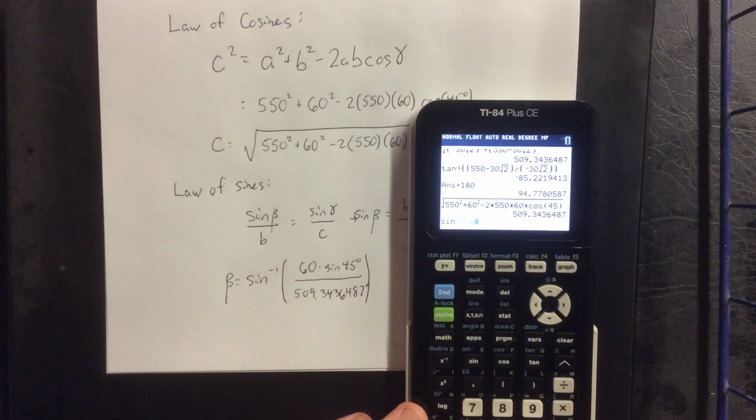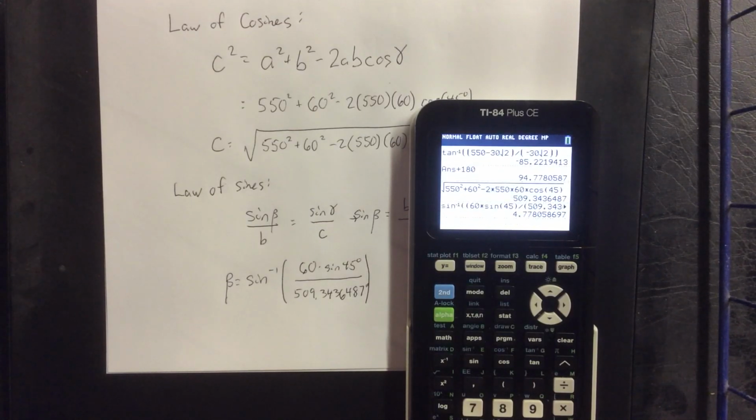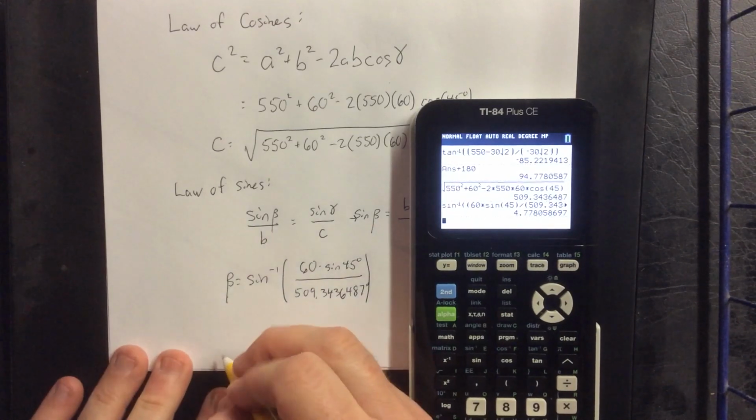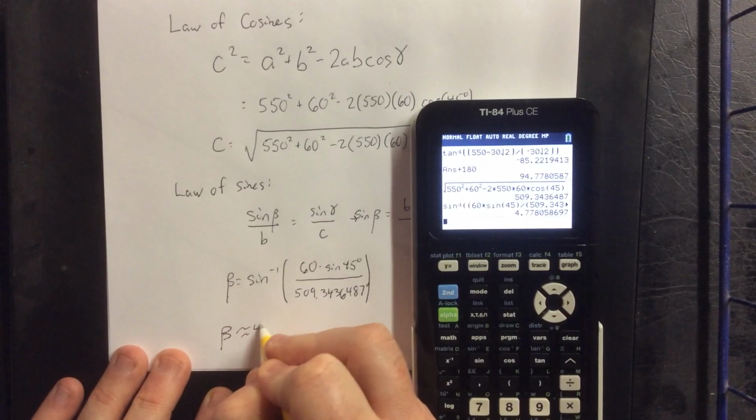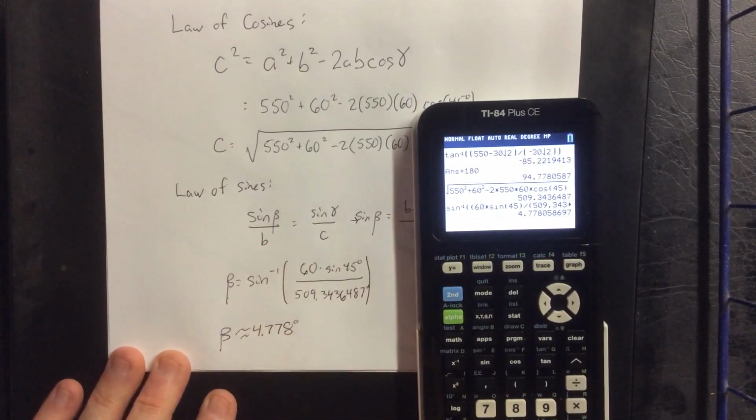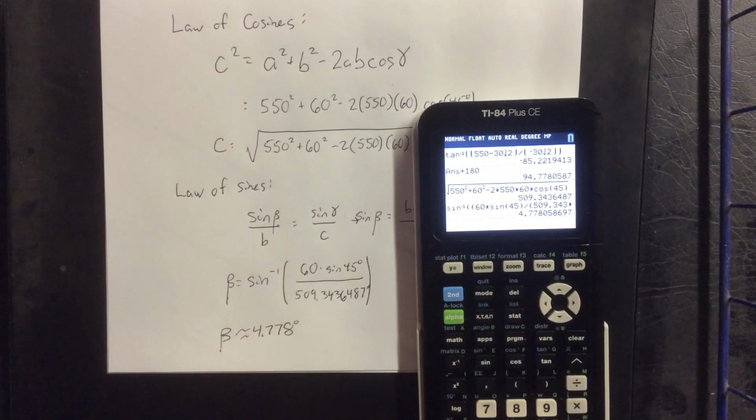So extra parentheses for the whole numerator and extra parentheses for the whole denominator. I don't think we need it for the whole denominator, but I'd rather be safe than sorry. If this is 4.778 degrees, then we win. We win. Wow, this would make for a great, great test problem.